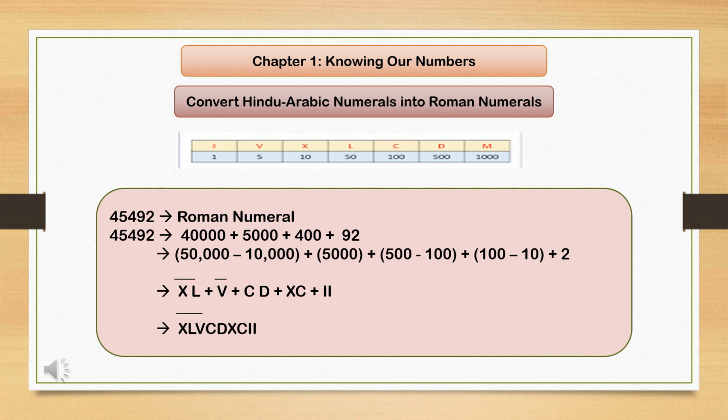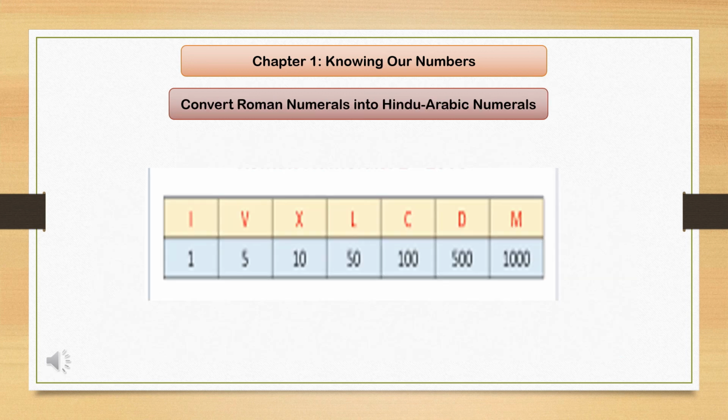It will be X bar, L bar, V bar, CD, XC, I I. We learned how to convert Indo-Arabic numerals into Roman numerals. Now let's learn the vice versa of it, that is, conversion of Roman numerals into Indo-Arabic numerals.